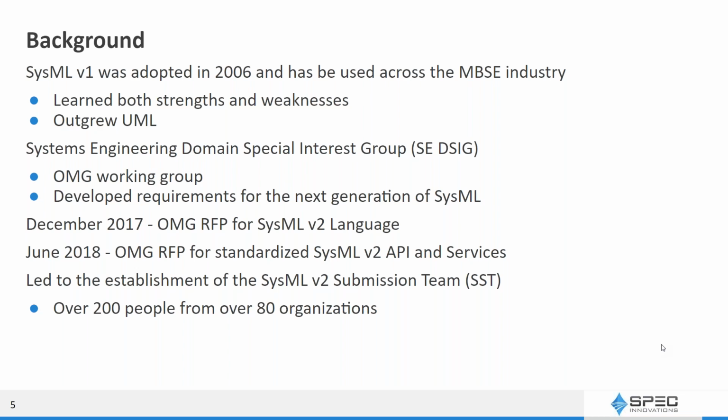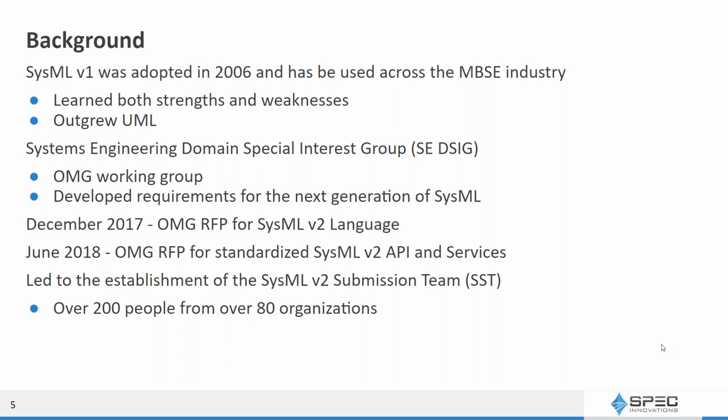The Systems Engineering Domain Special Interest Group is an OMG working group. They are the ones that developed requirements for the next generation of SysML, as well as the OMG RFP for SysML V2 language that was released in December of 2017.